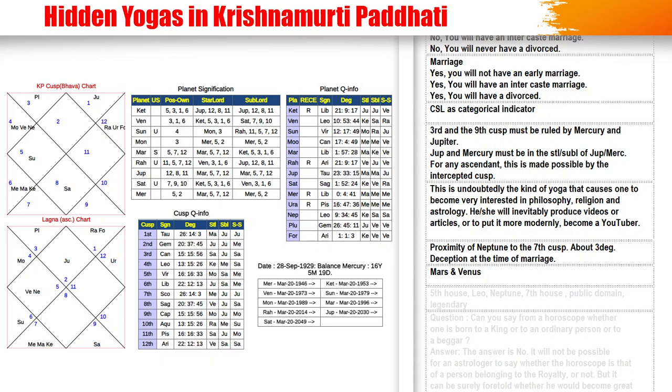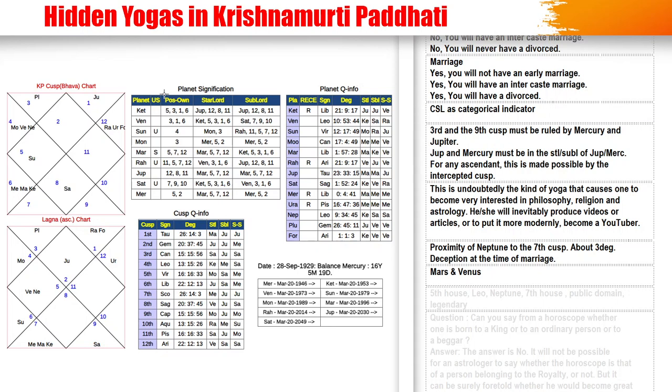Now, within the KP framework, the emphasis on the 10th house, the 11th house, and the 6th house is too much, I would say, when it comes to a person becoming successful in life. But in this horoscope, you will not find the 2, 6, and 10 being very prominent. So you might say that this is a fairly average kind of horoscope.